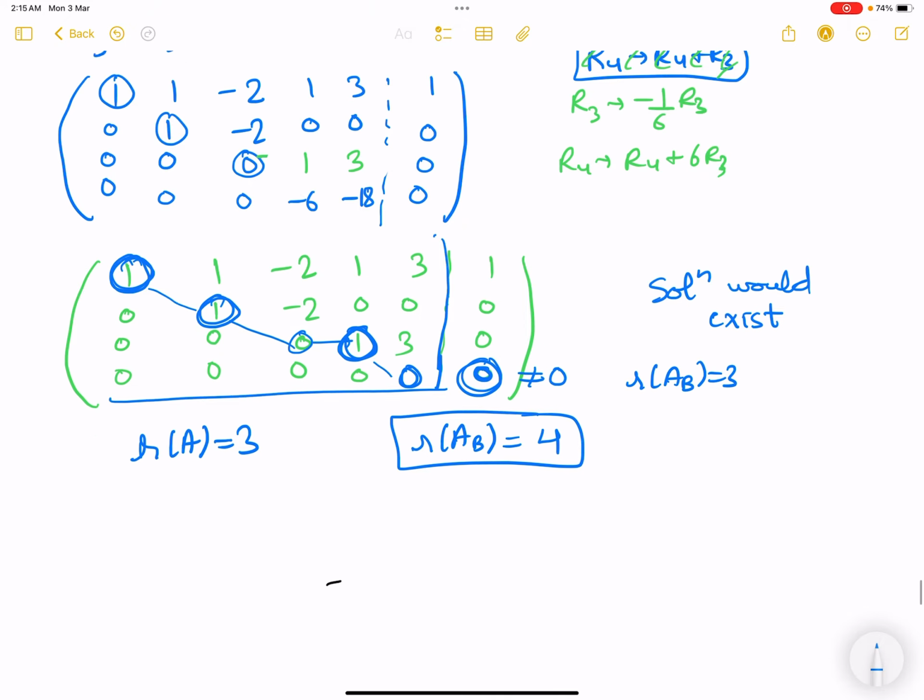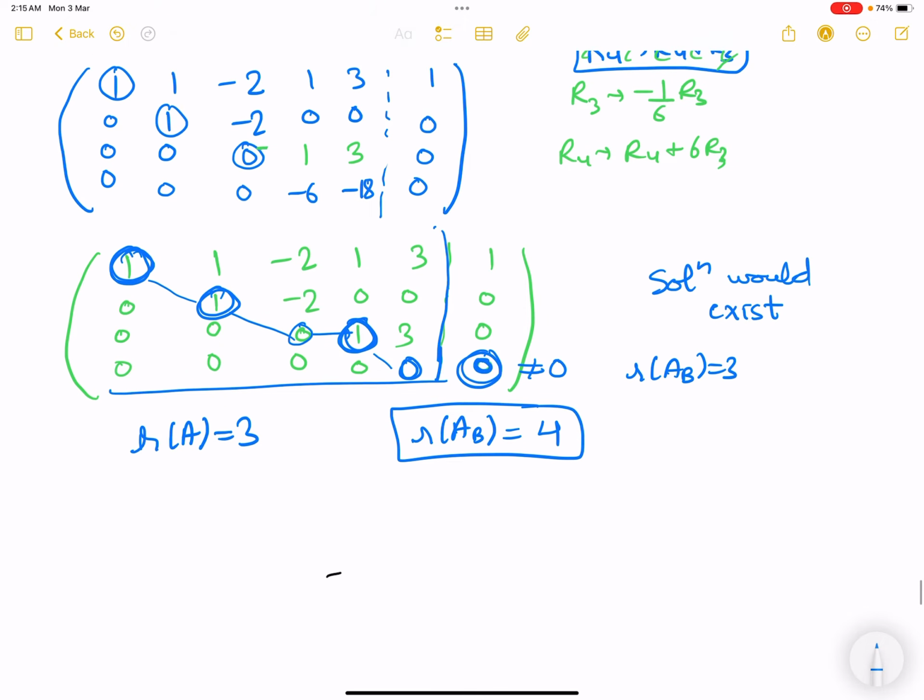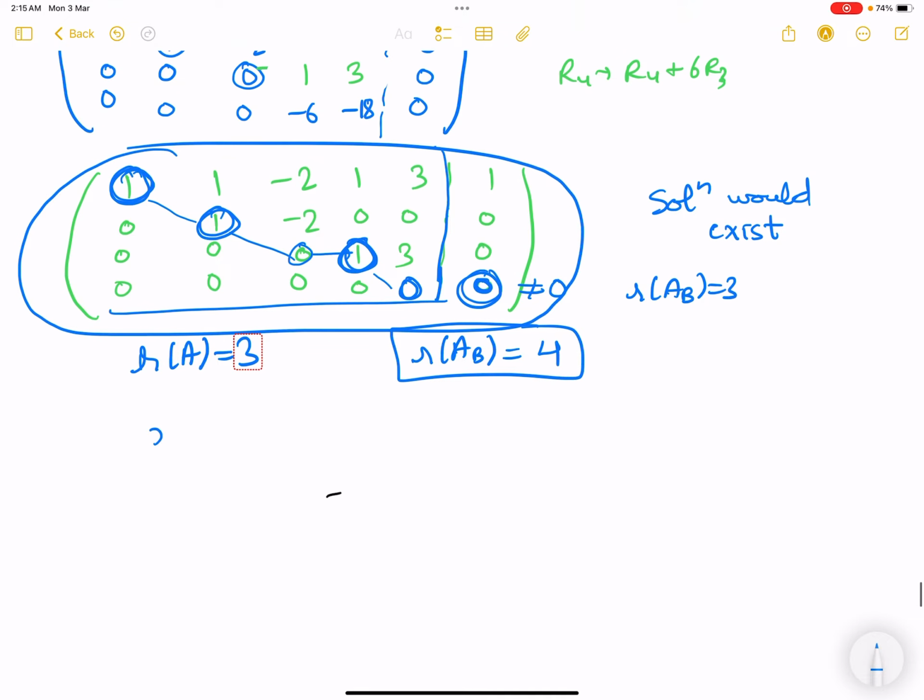Now talking about degrees of freedom. Now writing this system of equations, what we have is x1 plus 1 times x2 minus 2 times x3 plus 1 times x4 plus 3 times x5 is 1.